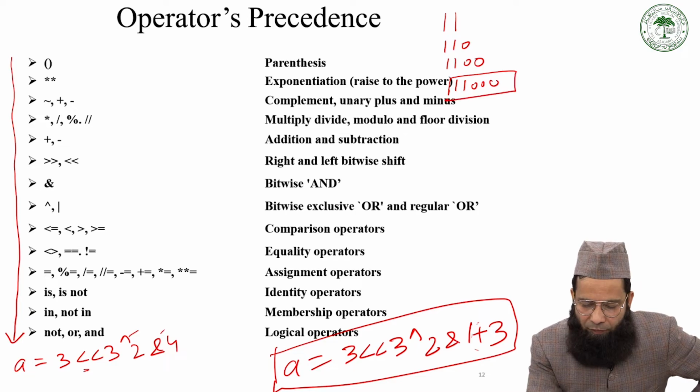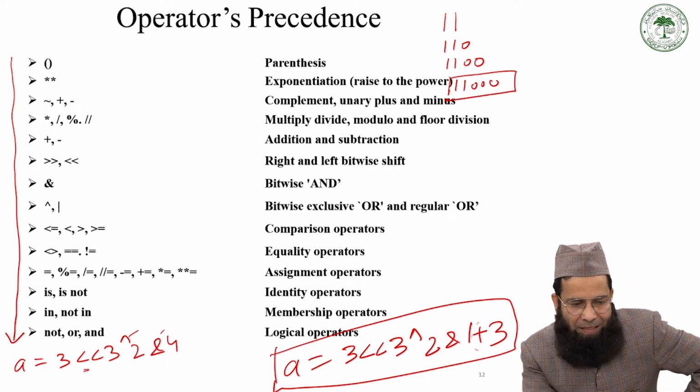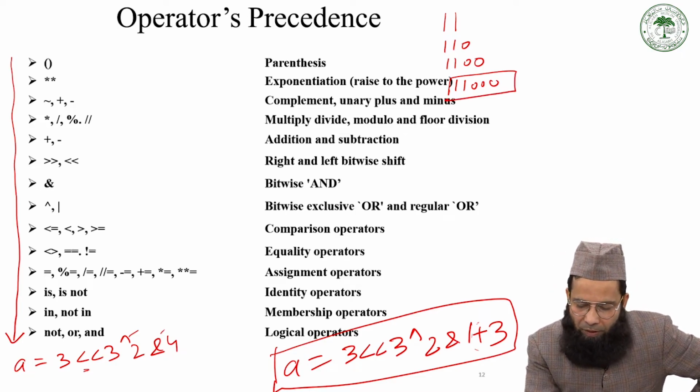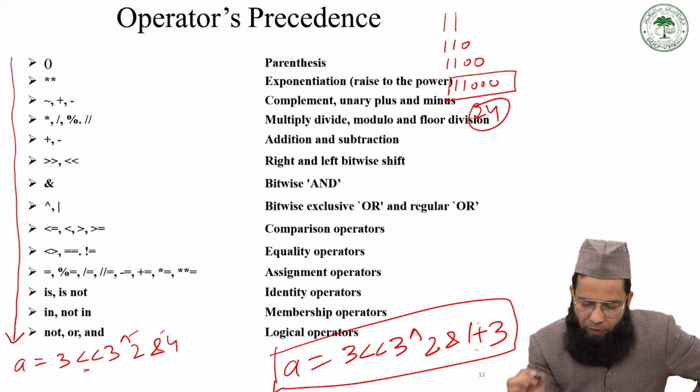So this is the left shift of 3, 3 times. What is the value? 8 and 16, it is actually 24, right?